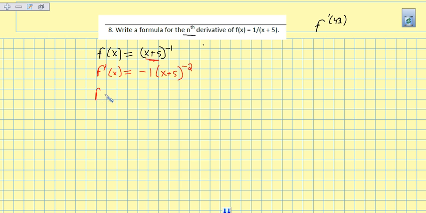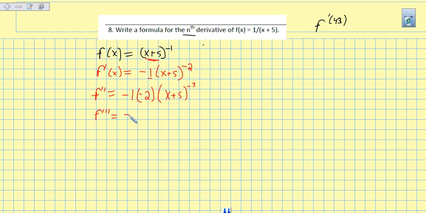And then let's just go ahead and take a look at the second derivative. And the second derivative, that -1 is still a constant out here. So the derivative would be times -2 to the x plus 5, and now we're going to subtract 1 from our -2 and get a -3. And then let's go ahead and do it maybe for the third derivative and see if we can develop a clear-cut pattern here.